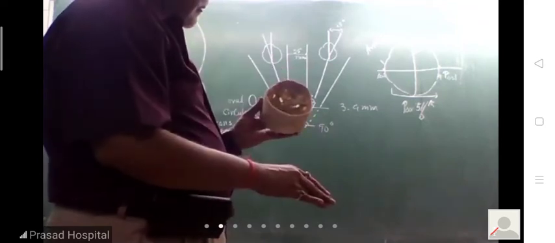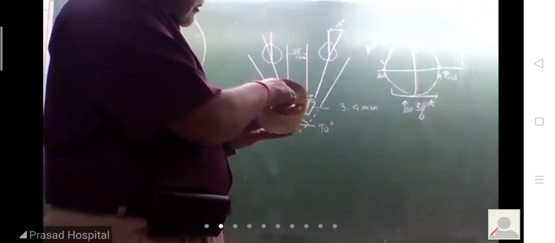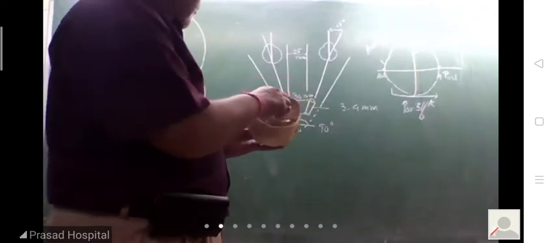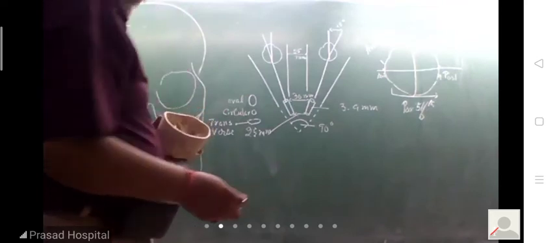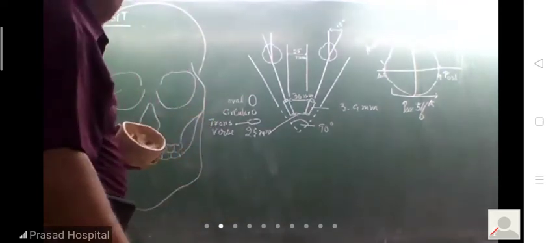If you cut the skull, you will find this is the basis cranii interna, which is divisible into three parts.